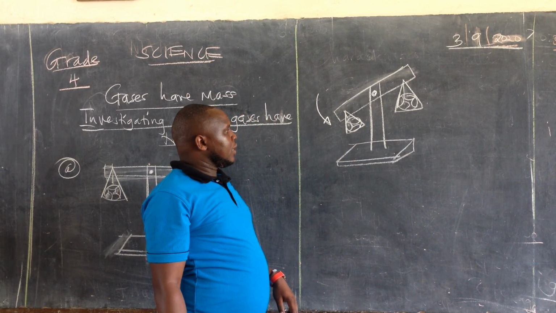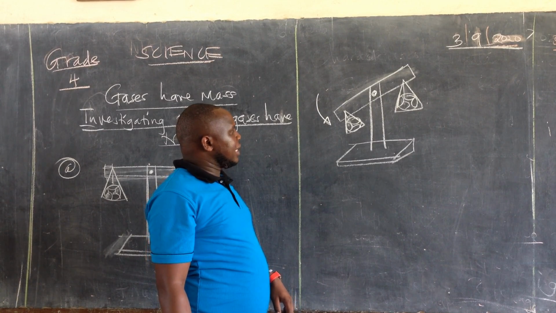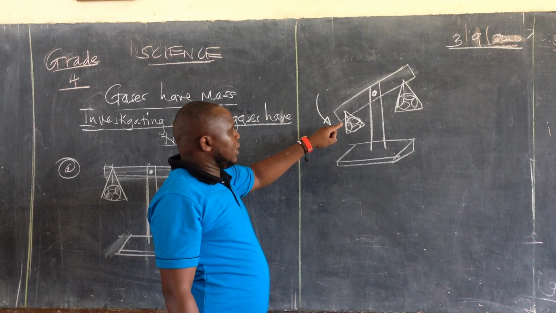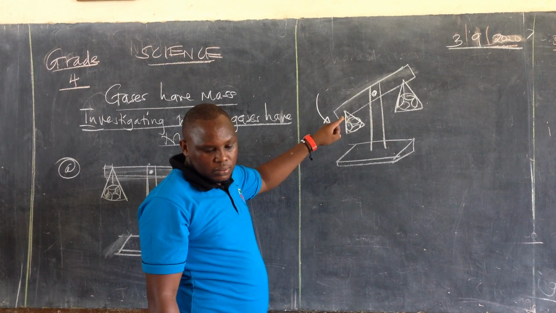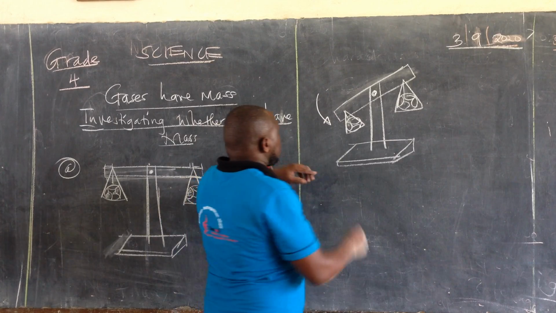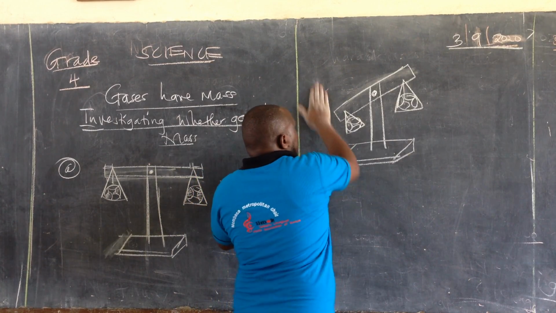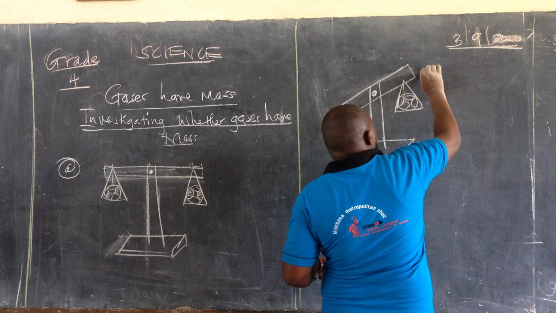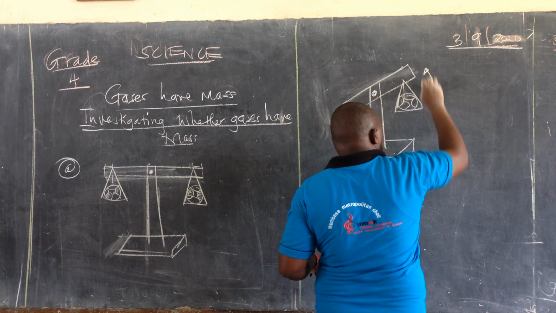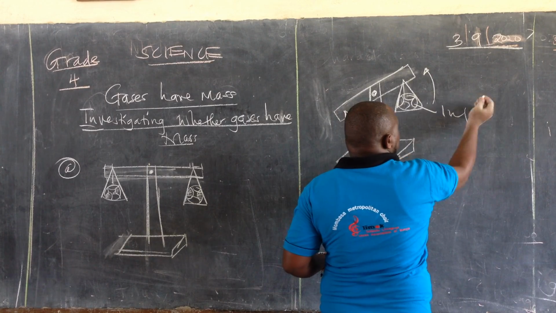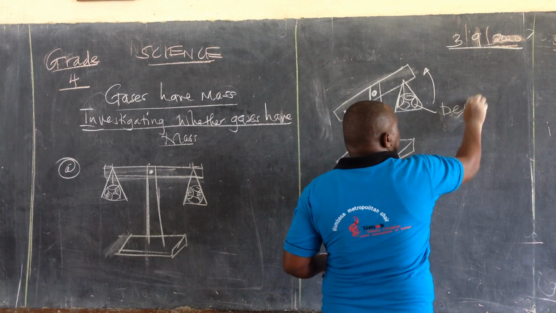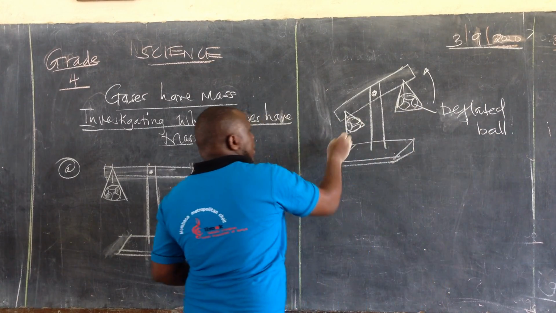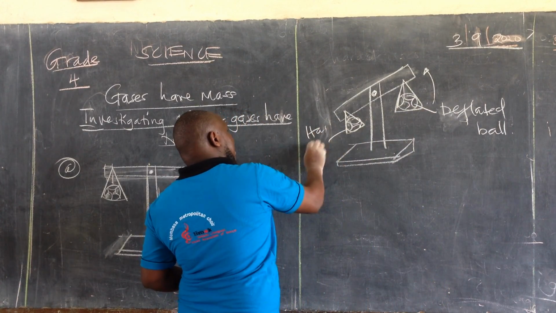Actually, it's supposed to be the other way around. So this is the one without air. So the one without air goes up. Deflated ball. This one has air.